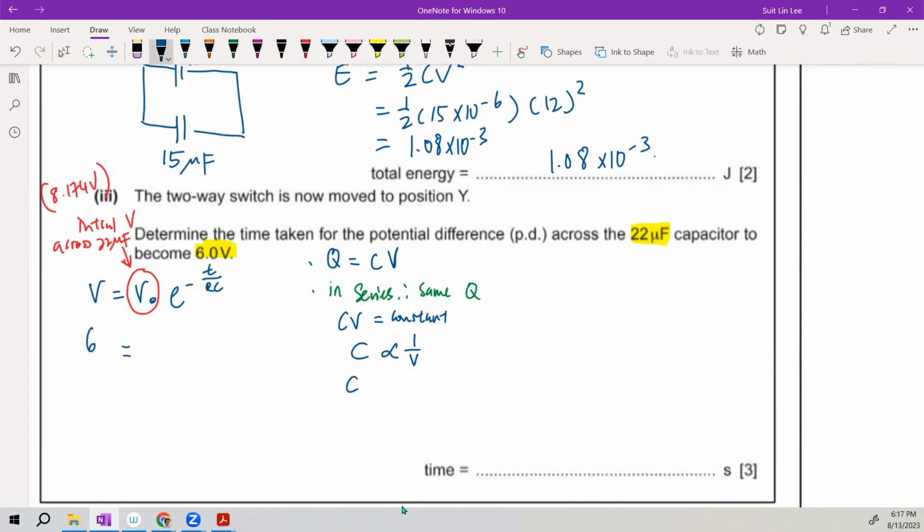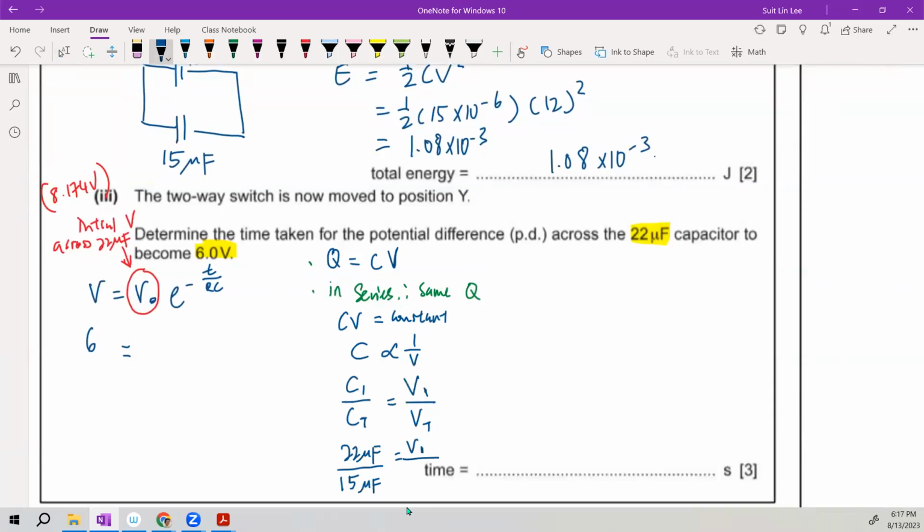Which means C1 over C total will be V1, which is the V naught that you want, over V total. Do you know C1? 22 microfarad. Do you know the C total? Well, we just calculated it, it was 15. Do you know the initial voltage? This is the initial voltage that you want to find, V1.